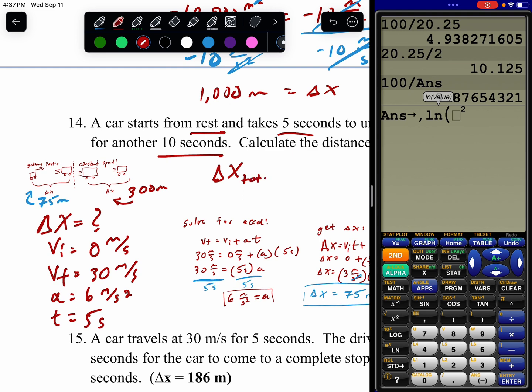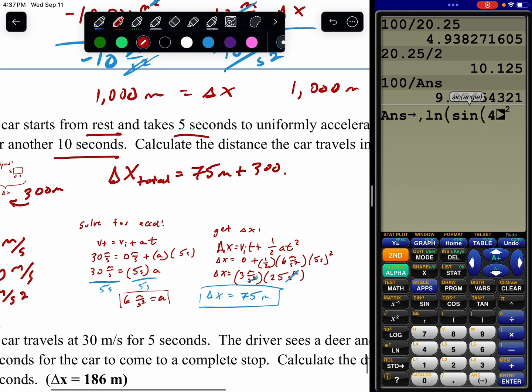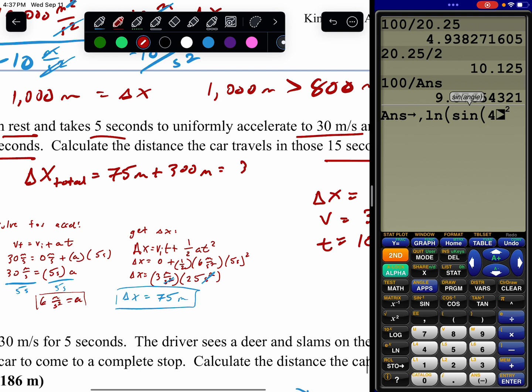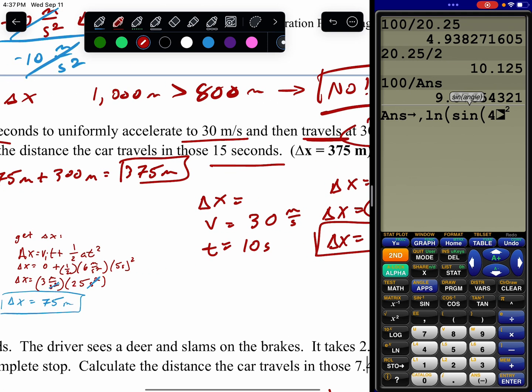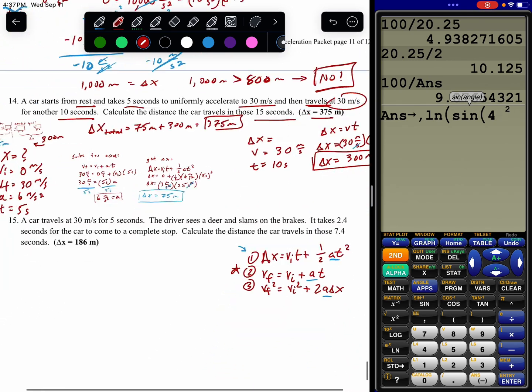Delta x total is going to be then, let's go in order here, 75 meters plus 300 meters, that's going to be 375 meters. And that's what we've got for the answer key. Awesome. On to the last question.